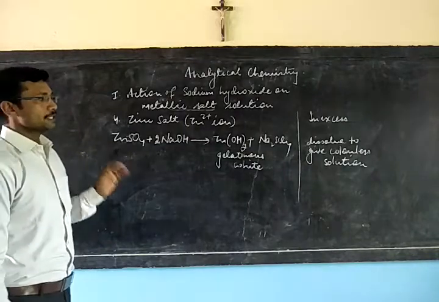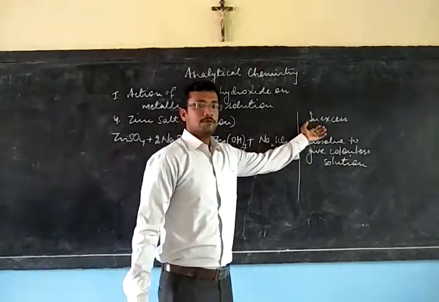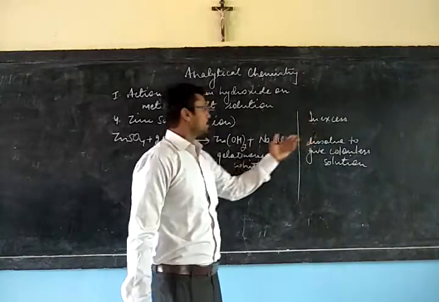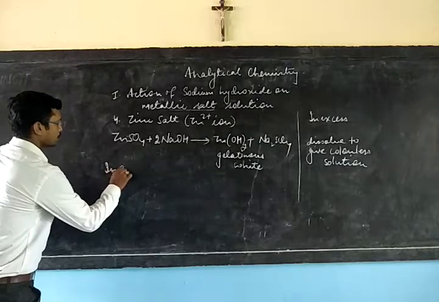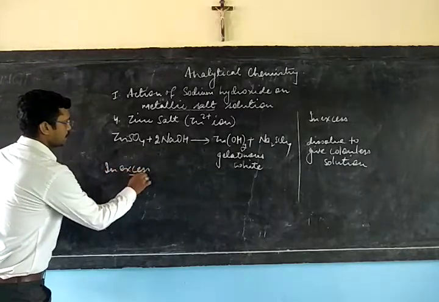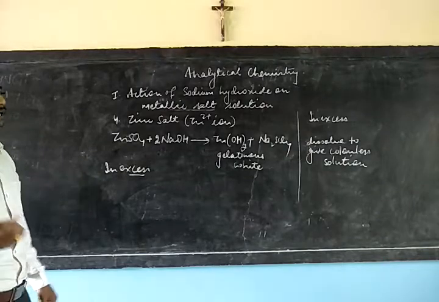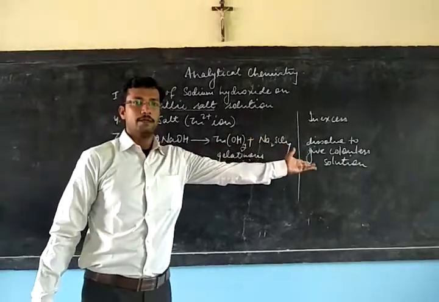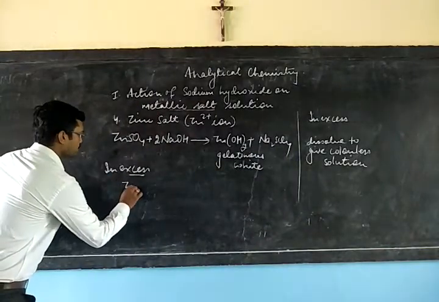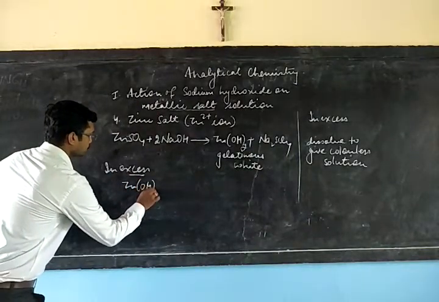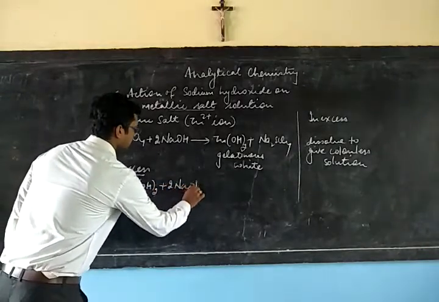Now, what is the reaction that will take place when we add excess amount of sodium hydroxide to the given salt? In excess, it is this reaction that will take place and will be responsible for the colorless solution we finally get. So we have zinc hydroxide plus NaOH.